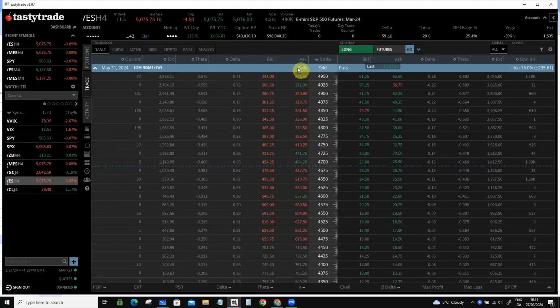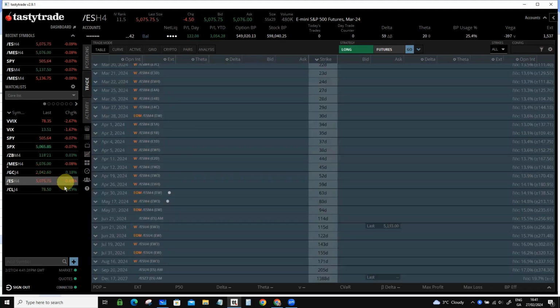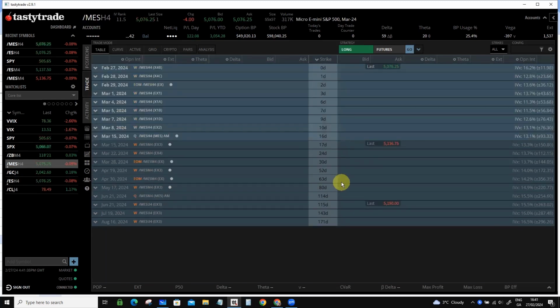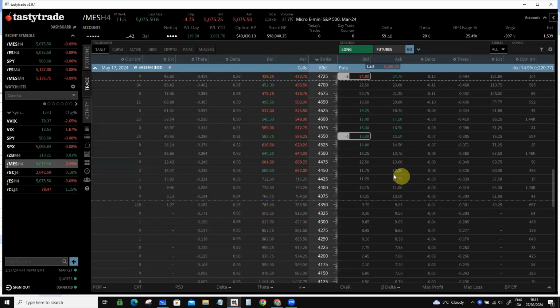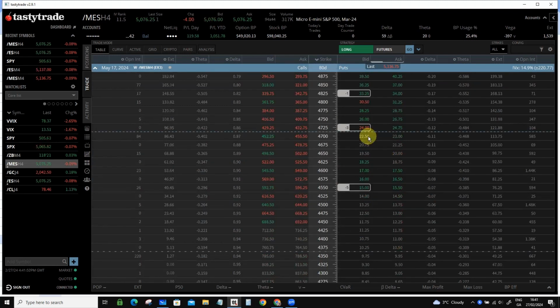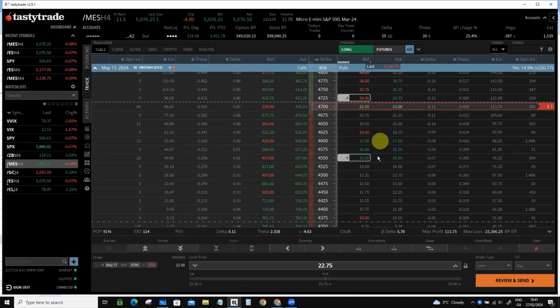But this week, I'm going to stick to MES. And again, I know I pay a little bit more in commissions, but I just want to make a couple of trades this week as opposed to one trade. And in this case, we're going to go to 80 days because 114 is just a little bit too far out. And let's see if we go right here, 47.